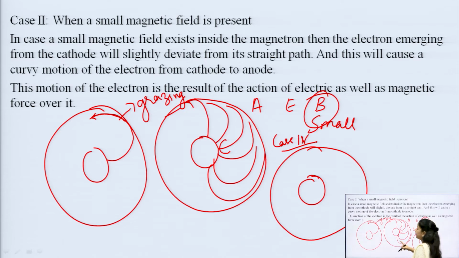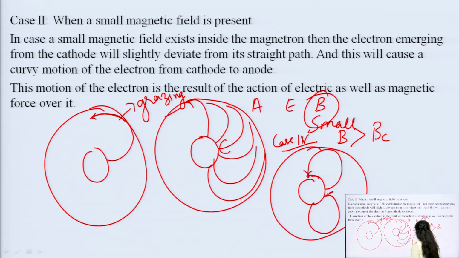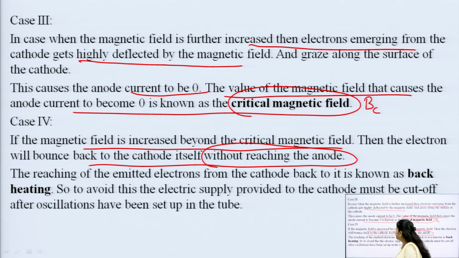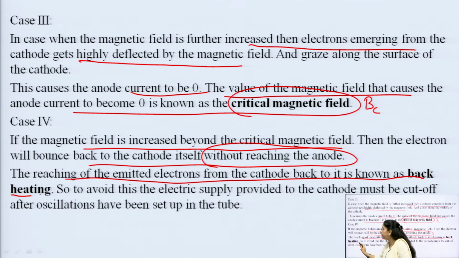If the magnetic field value B is increased beyond the critical magnetic field value, that is, more than BC, then the electron will return back without reaching the anode, that means it will not touch the anode circle. So our emitted electron from the cathode returning back to itself is known as back heating, and what will it do to the anode? The anode will start heating, that is why it is called back heating.